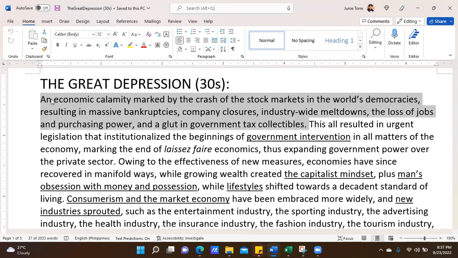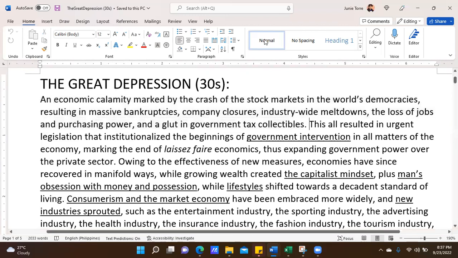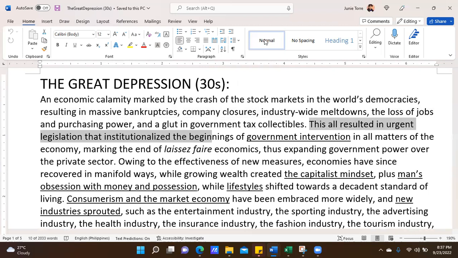Bumagsak ang industries eh. Balik na tayo sa farming. This all resulted in urgent legislation that institutionalized the beginnings of government intervention in all matters of the economy, marking the end of laissez-faire economics.